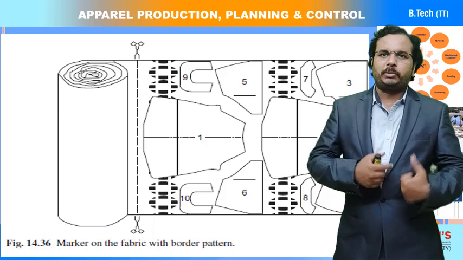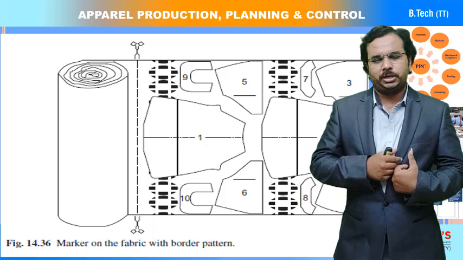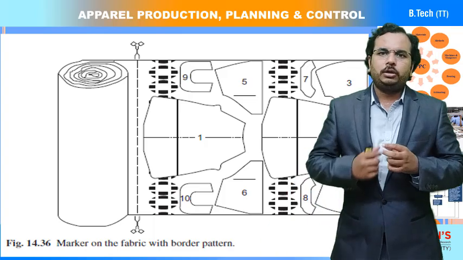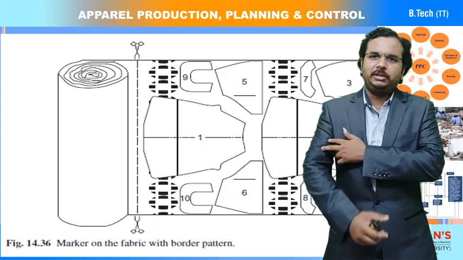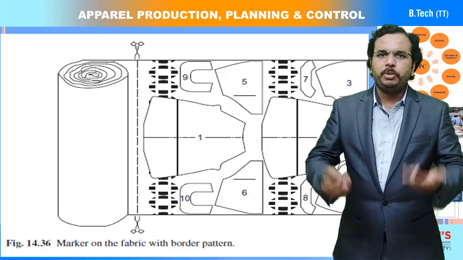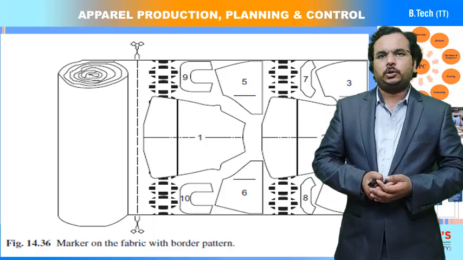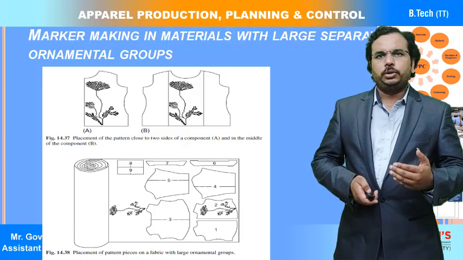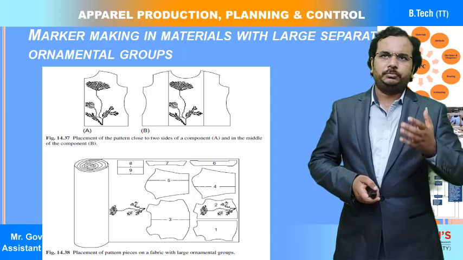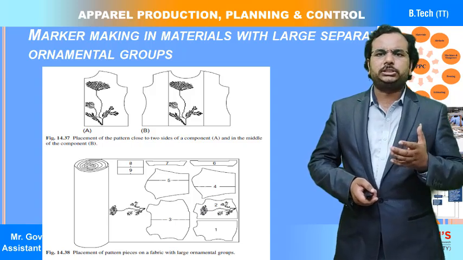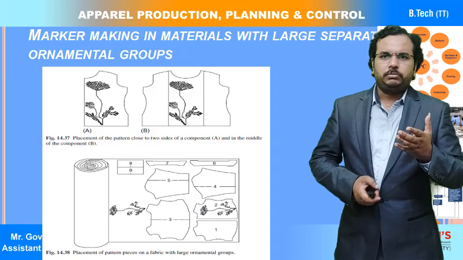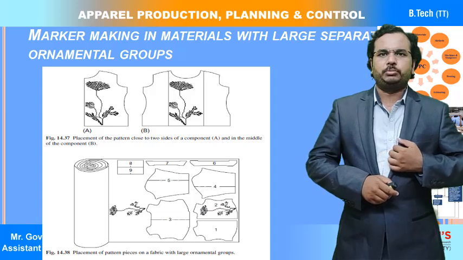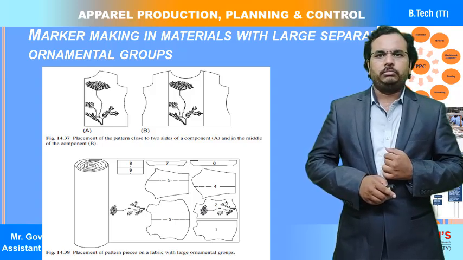Sometimes in some garments the sleeve part has a printed design at the bottom, so in that case the half-hand sleeves are matched particularly onto the printed design. I will show you one or two images. Similarly, for some party wear shirts or party wear garments, you can observe ornamental designs.